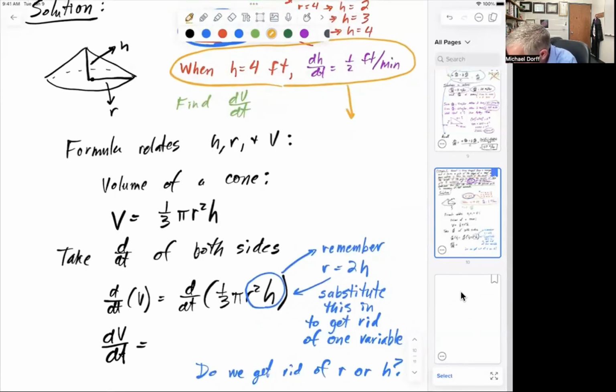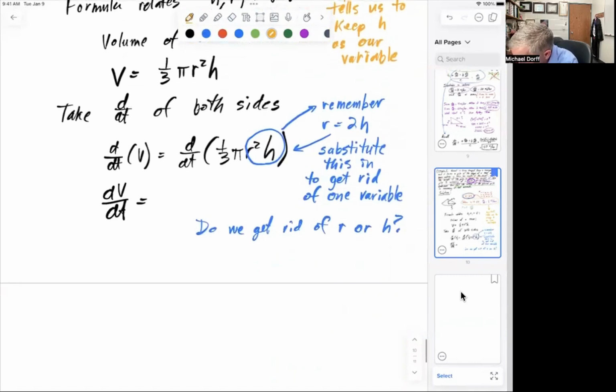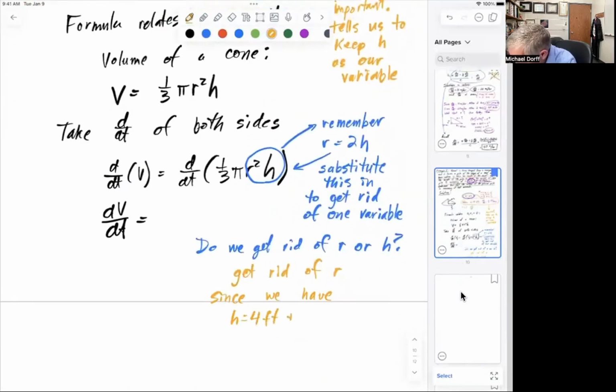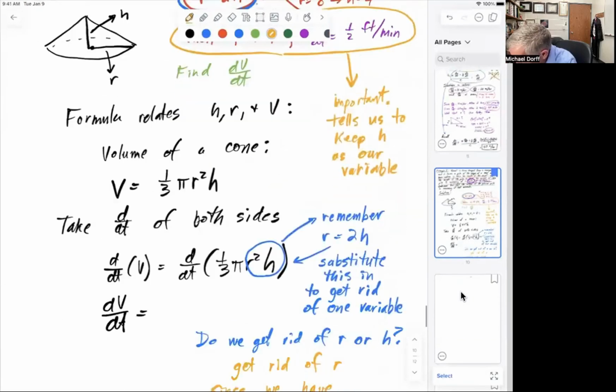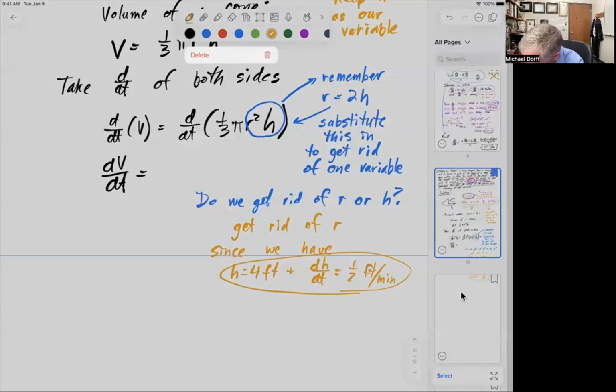That is really important because this tells us to keep h as our variable, because we have a value for h and we have a value for dh/dt. So we want to get rid of r since we have h equals 4 feet and dh/dt is 1/2 feet per minute. We're given these things, so we want to get rid of r. Okay, we're going to redo that then.